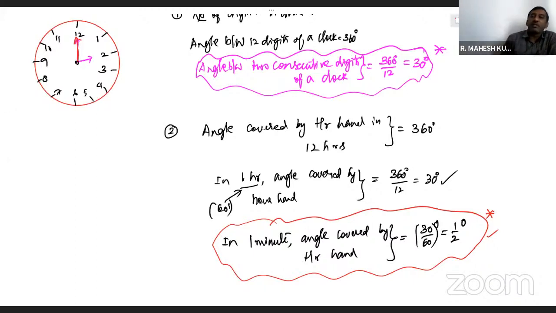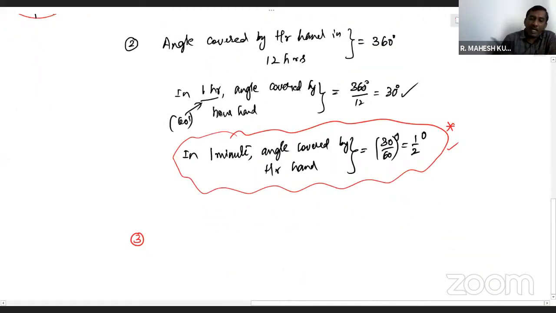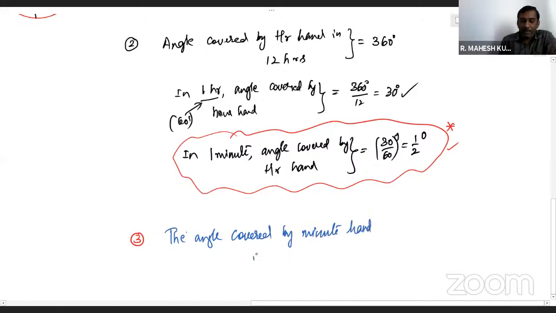Understood? So pertaining to the minute hand, you can write: in 1 hour, the angle covered by the minute hand, 1 hour being 60 minutes, is going to be 360 degrees.